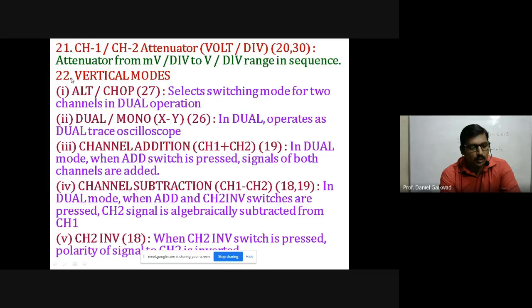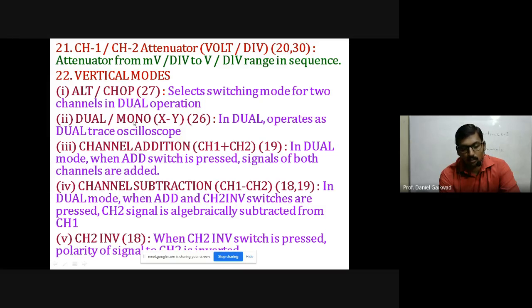Number 22, vertical modes. We have different categories of vertical modes. Number 1 is alt or chop, number 27. It is the selecting switch mode for two channels in dual operation. Channel 1 and channel 2 we have to plot simultaneously. In case of dual operation, this is alt or chop, and for that purpose we have this knob number 27.